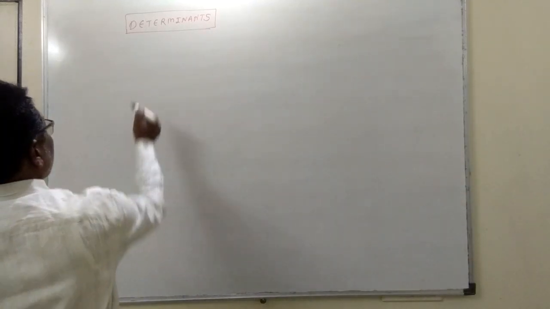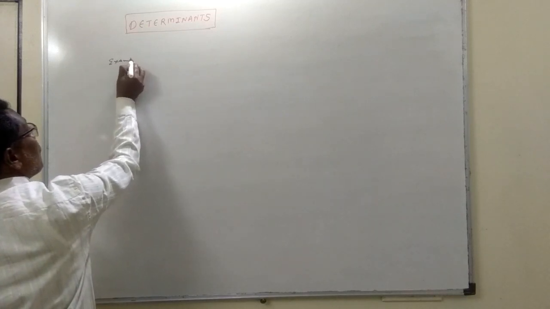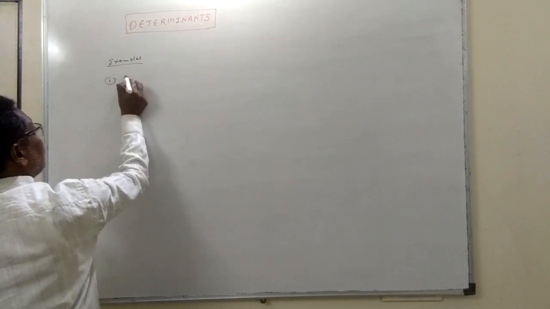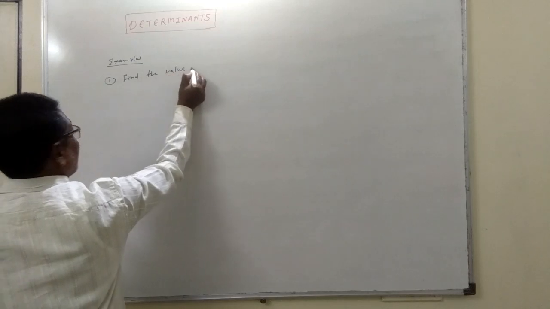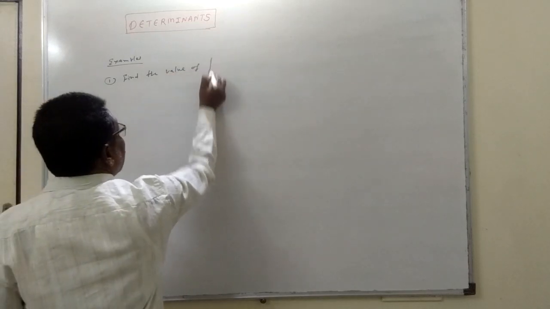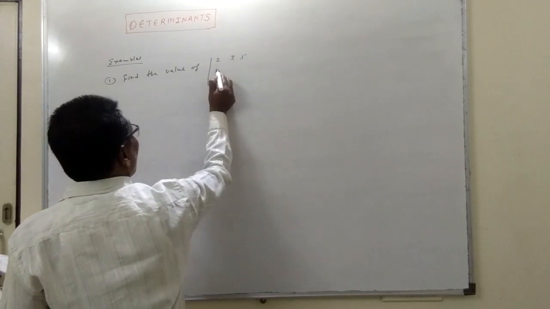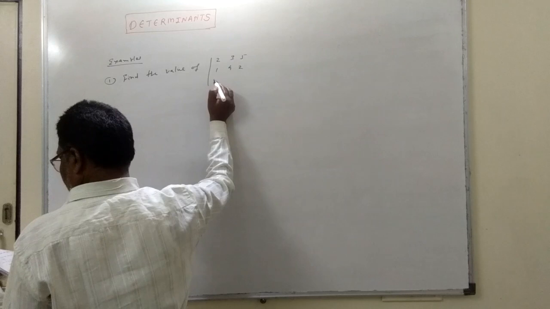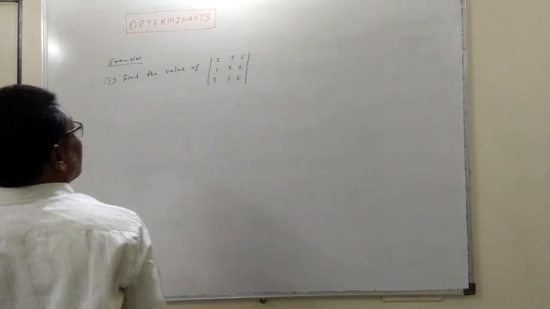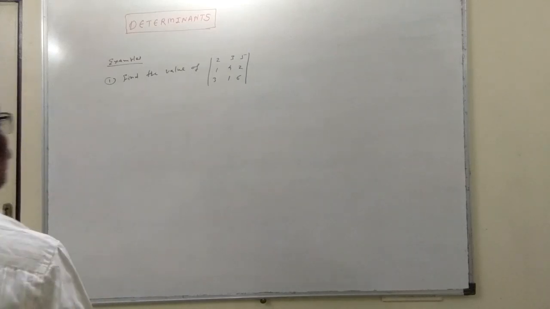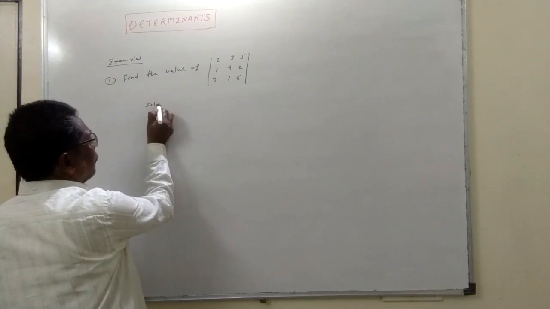So find the value of the determinant 2 3 5, 1 4 2, 3 1 6. Solution.